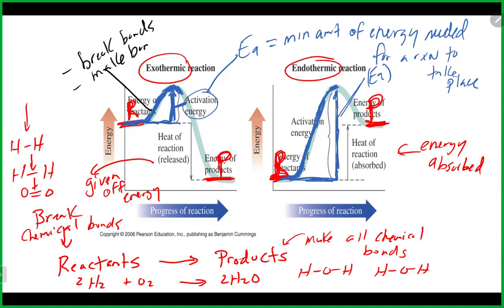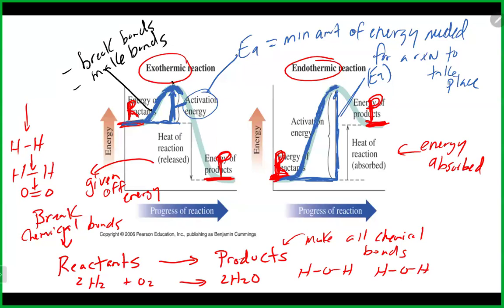So the reactants are working their way up this energy hill to get to the other side. We're starting to get these molecules to break their bonds. So in this example, we would have our hydrogen starting to break its bonds, our oxygen starting to break its bonds in the process, and moving up the hill, we start to form bonds as well. So we have these breaking bonds as they're going up the hill, and starting to make some bonds as they go up the hill.